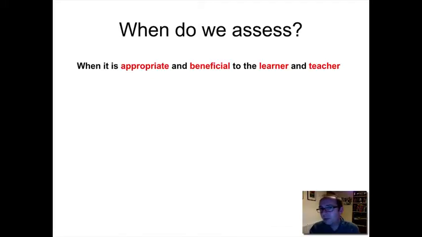Now therefore, every assessment that we do in history, and of course the school rules, we have to do one formal assessment every half term. That's 4 lessons. It has to be planned for. Therefore, it has to be appropriate. It has to be beneficial for both the learner and the teacher. It has to be planned for.